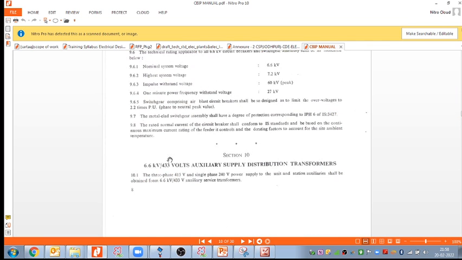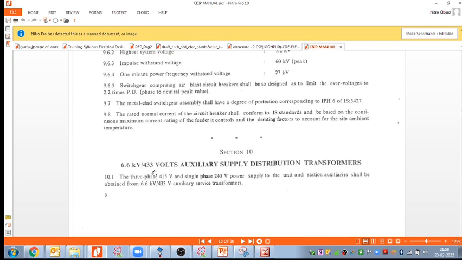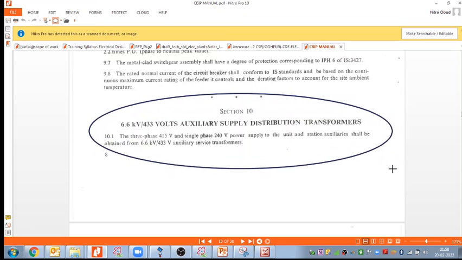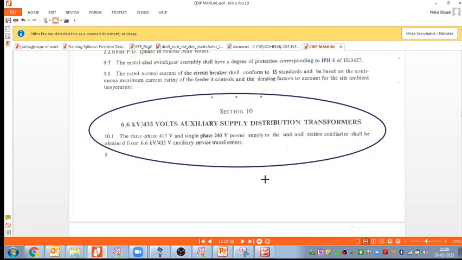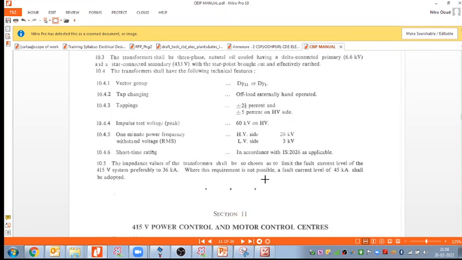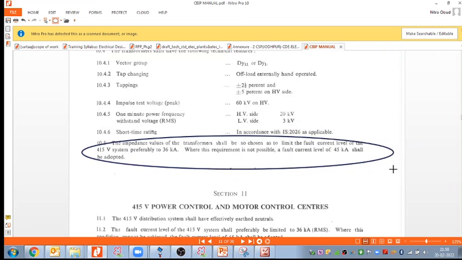You can see here section 10.6.6, 433 volt auxiliary supply distribution transformer. So this is our case, and this is the standard I am taking as a reference, because anything I say should be supported by standards. The impedance value of the transformer shall be so chosen as to limit the fault current level of the 415 volt system, preferably to 36 kA. Where that requirement is not possible, a fault current rating of 45 kiloamperes shall be adopted.